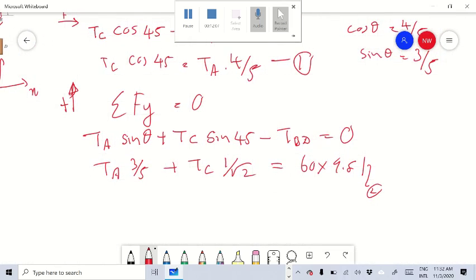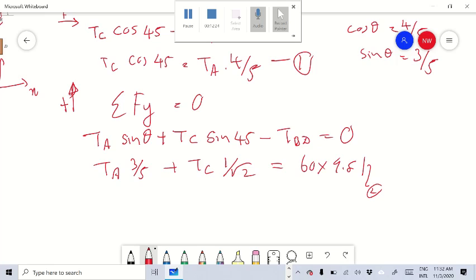So now we have two algebraic equations and two unknowns. So can we solve this problem? Yes, right? Two equations, two unknowns, so we can solve the problem.